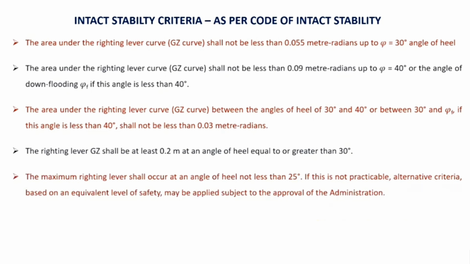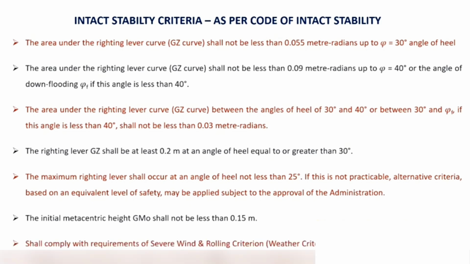Then of course, if it's not practicable, it's at the discretion of the administration. And then the initial metacentric height shall not be less than 0.15 meters. This is the criteria which you have learned, so you should not be surprised if these things are asked again in phase 2 also. Added to it is that the ship shall comply with the requirements of the severe wind and rolling criteria, or the weather criteria. And it is this last point that is under discussion today.